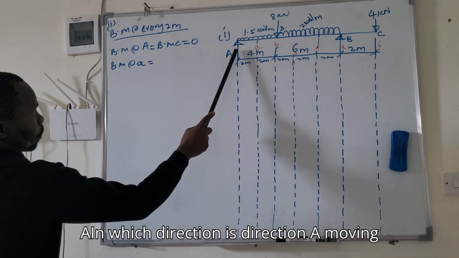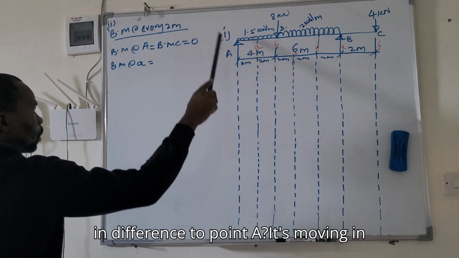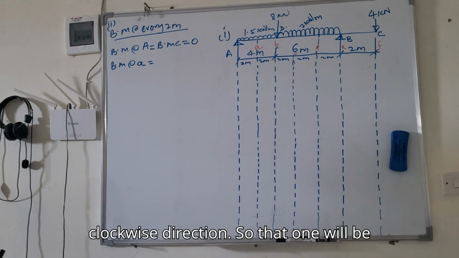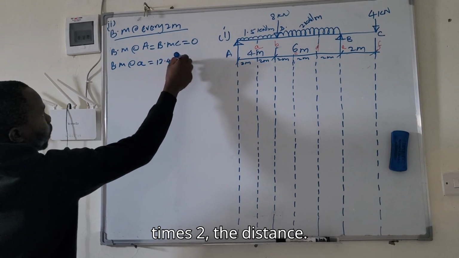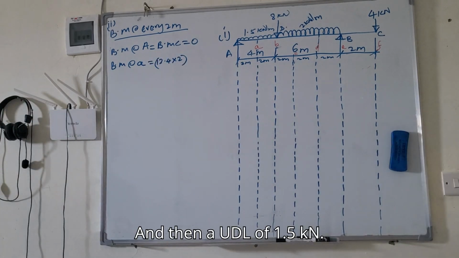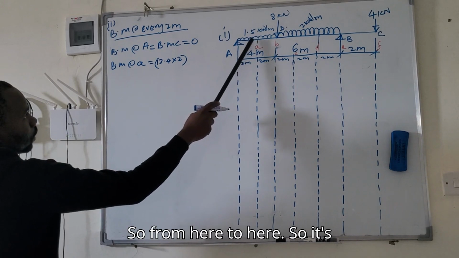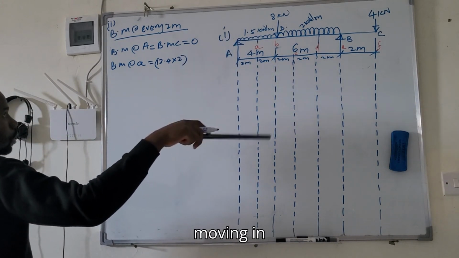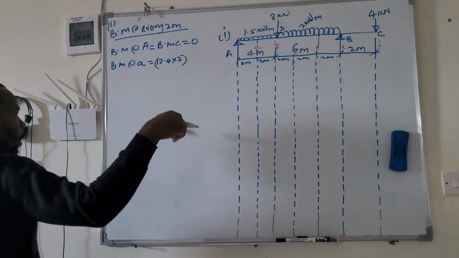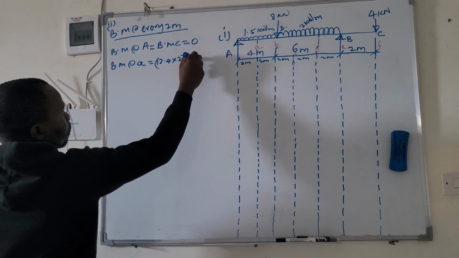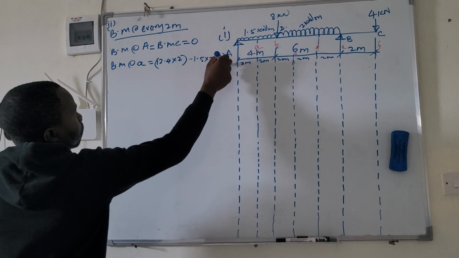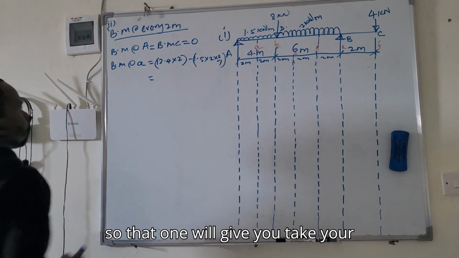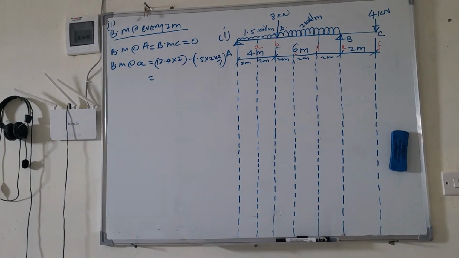In which direction is reaction A moving in reference to point A? It is moving in clockwise direction. So that will be RA, which is 12.4 times 2, the distance, and then the UDL of 1.5 kilonewton per meter from here to here is moving in anti-clockwise direction. So minus 1.5 times 2 times 2 over 1. That will give you 21.8.